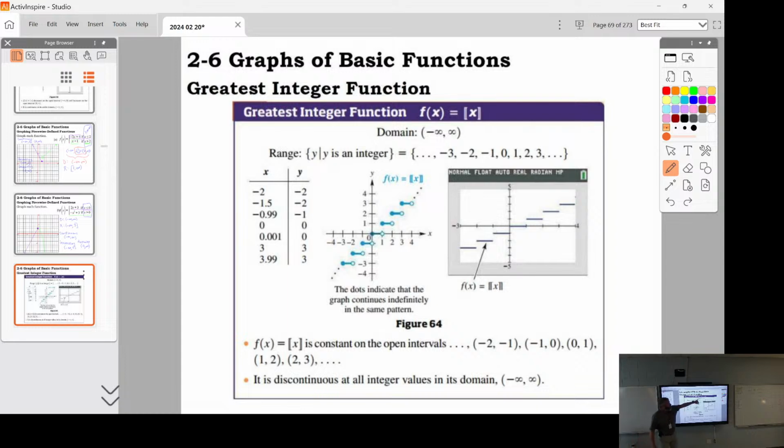Okay? So the domain is from negative infinity to infinity and everything in between. But the range is negative, really big number. -3, -2, -1, 0, 1, 2, 3. I'm only naming the set of integers. So looking at this table, if I'm standing right on -2, is -2 an integer?